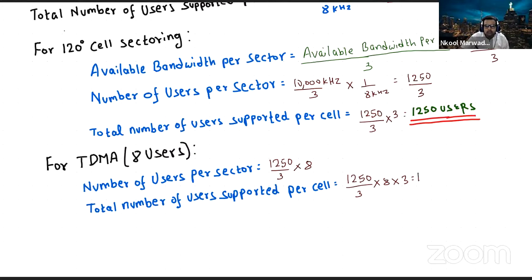So this 10,000 will be the answer, 10,000 users. So this is how this problem has to be done.